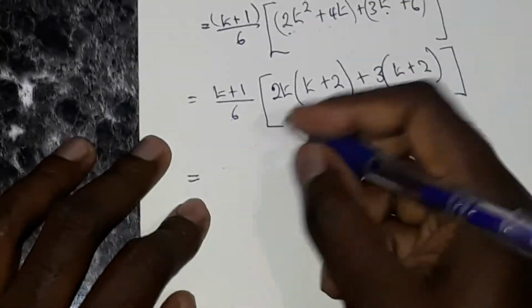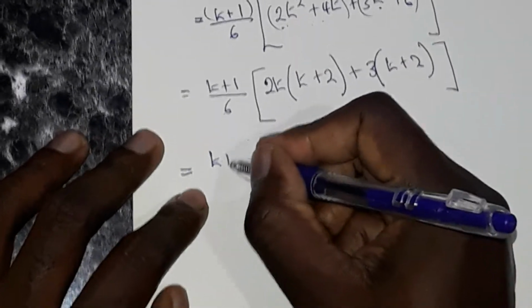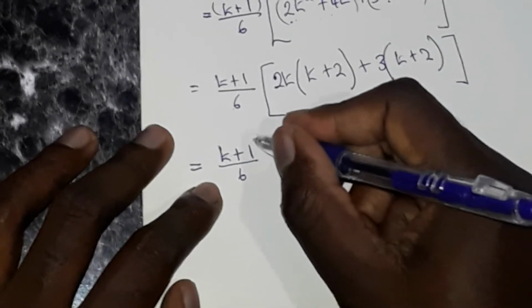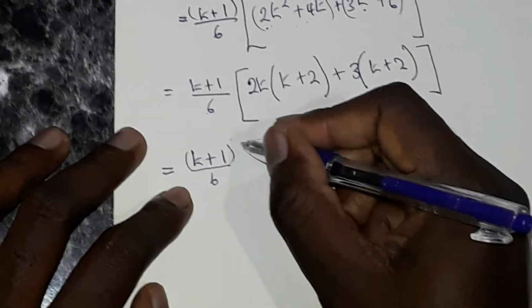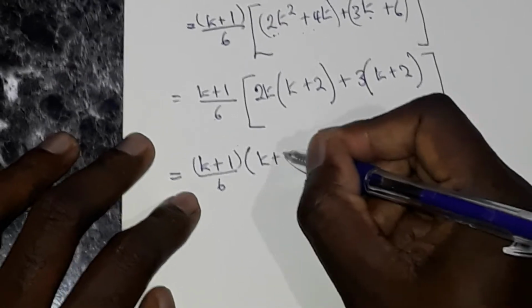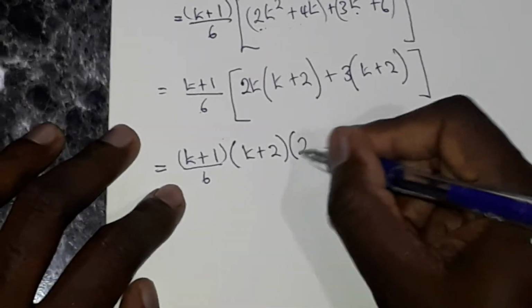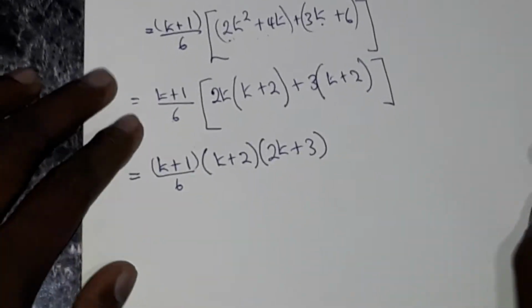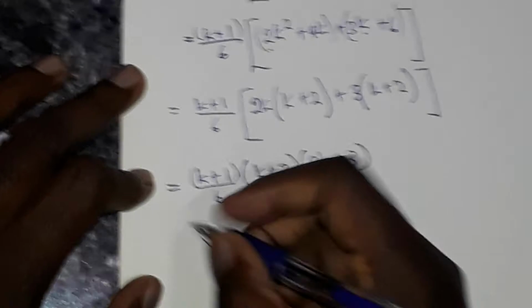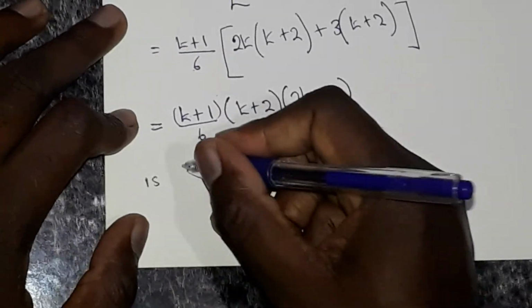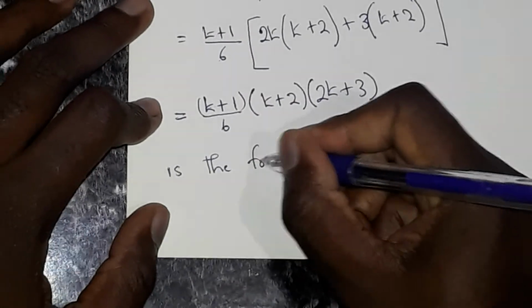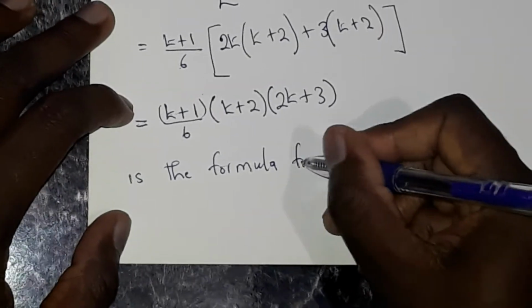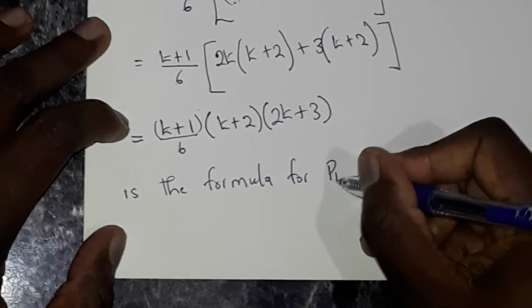So the answer, guys, now would be k plus 1 over 6, k plus 2 and 2k plus 3. And this is the formula for P of k plus 1.